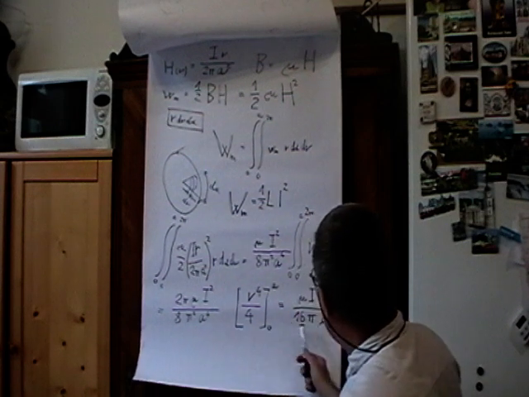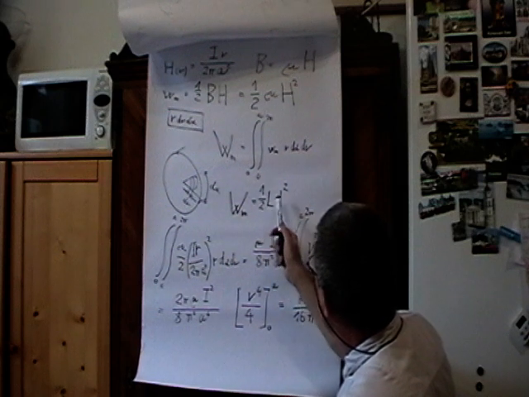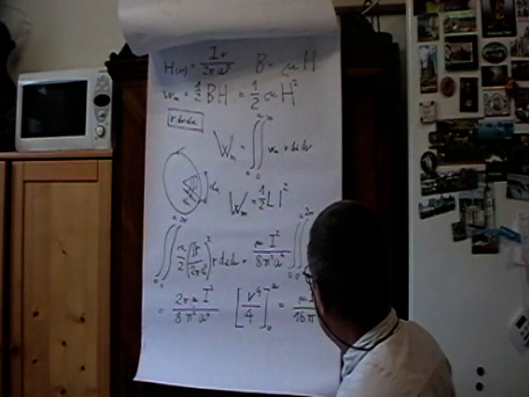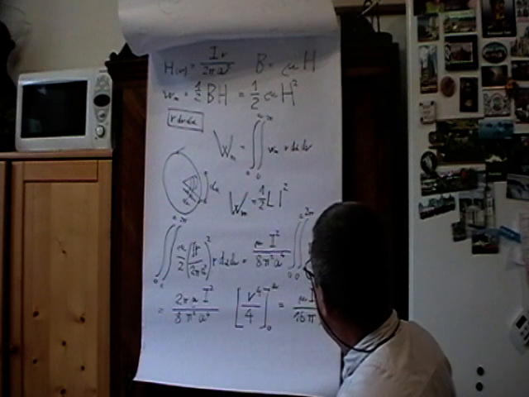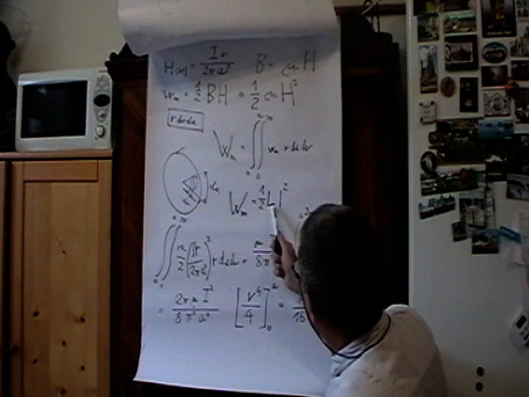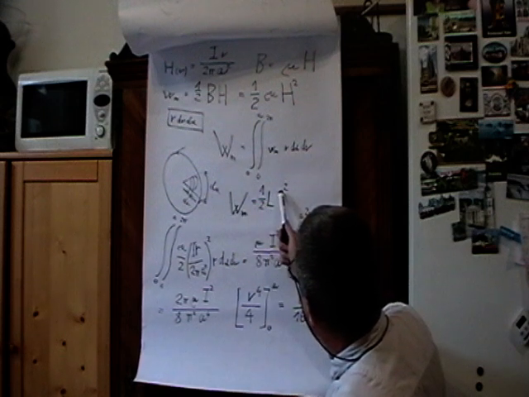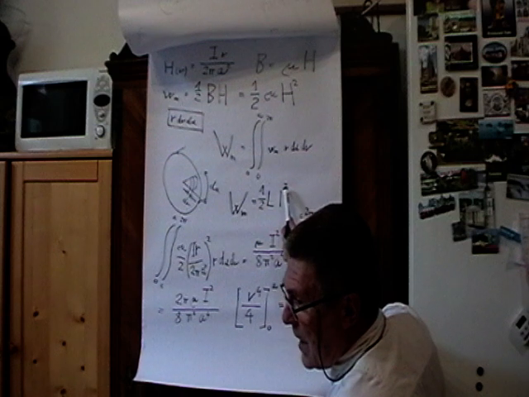So we know that this is 1/2 inductance current squared, or we can say that the inductance is 2 times the energy divided by the square of the current.